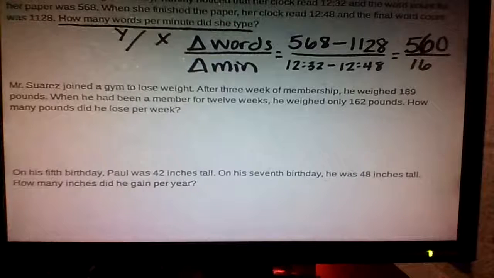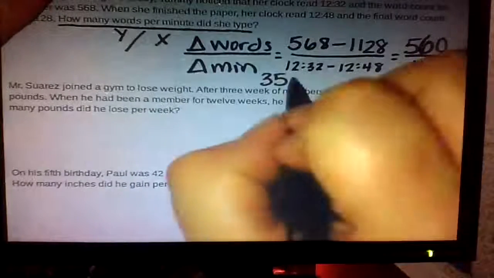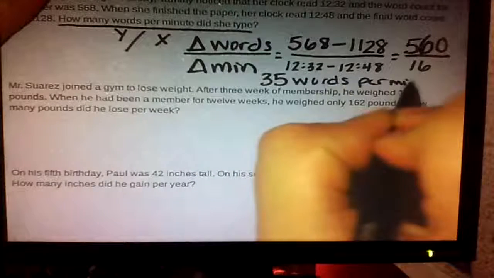I really don't. So who knows? So 560 divided by 16. 35. So we type 35 words per minute.